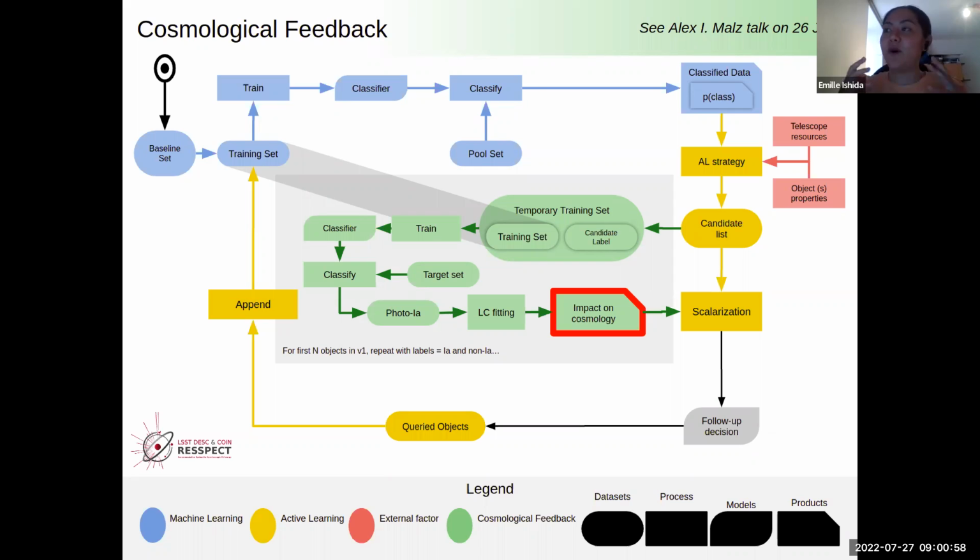And also, all of this is being developed to be fast and computationally efficient enough so we can put it inside this loop and run it many times during the day. Because all of these loops need to be done during the day, and in the night we have a new model that is going to treat the objects that are coming.